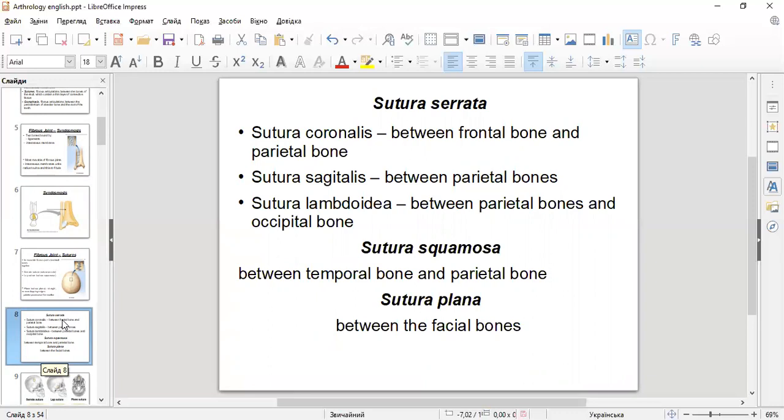Sutura lambdoidea is located between parietal bone and occipital bone. Sutura squamosa we have between temporal bone and parietal bone. Sutura plana between the facial bones.